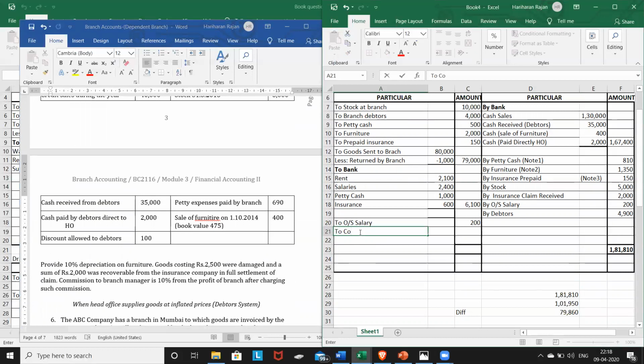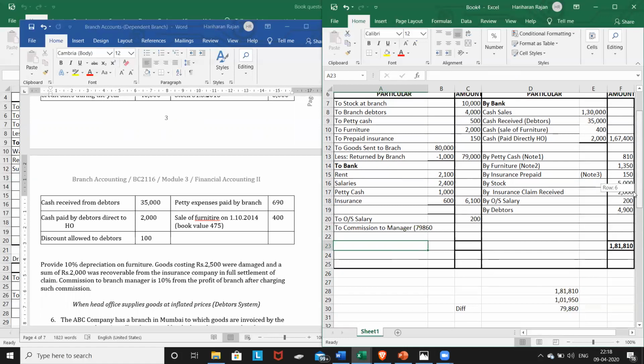So the profit is 79,860. Now, what is the formula to pay the commission?